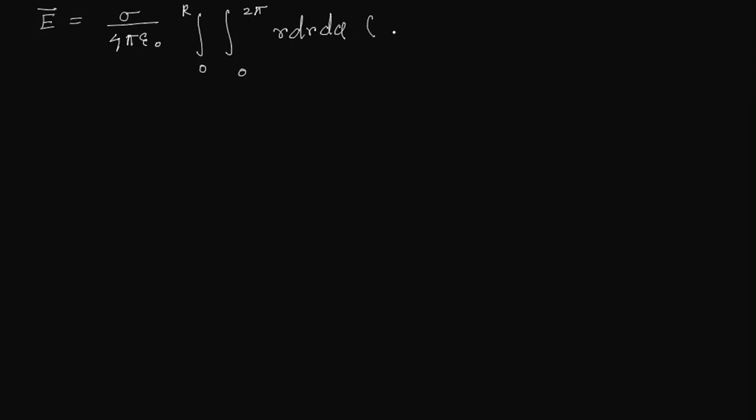The i component will be 0, the j component will be 0, so we get only the z component non-zero, z into k cap, divided by r square plus z square whole to the power 3 by 2. Now we have to integrate this term. This is independent of phi, so the integration over phi will give us 2 pi.